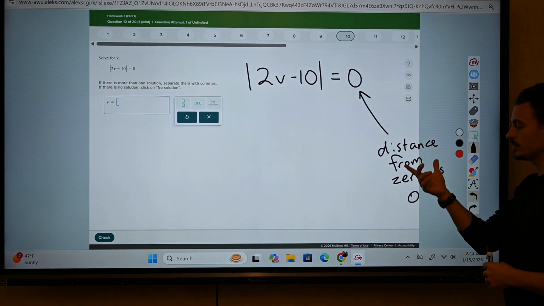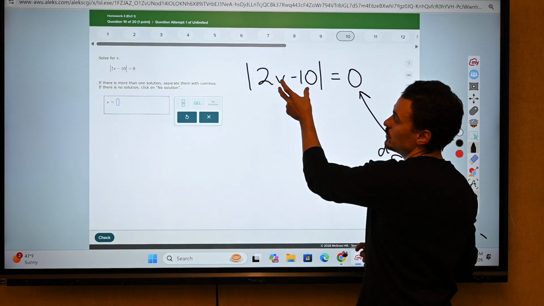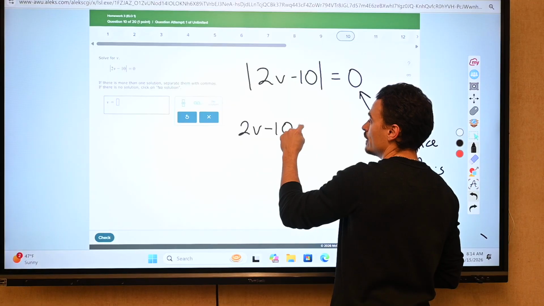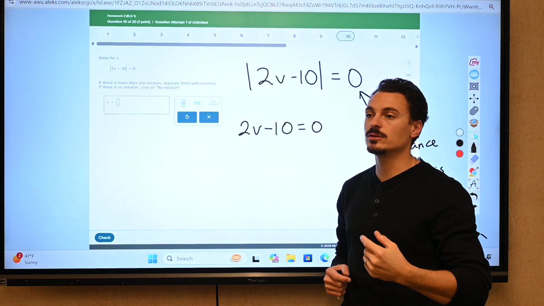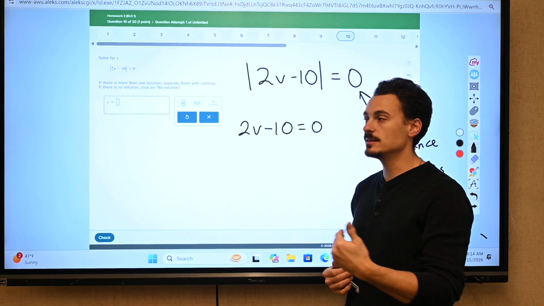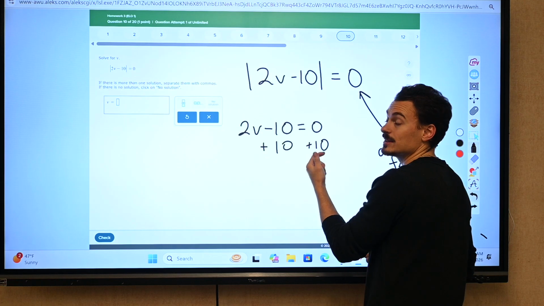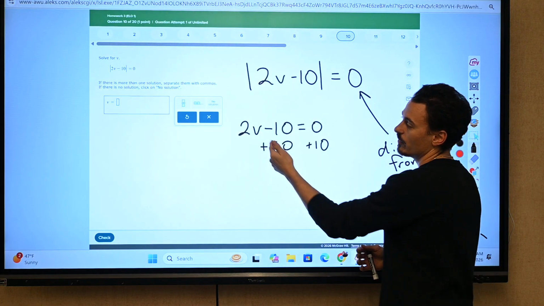Our distance from 0 is 0 for this question, which means that I need 2v minus 10 to equal 0. There are not two answers for this one. There's only one answer because there's only such thing as 0. There's no such thing as negative 0. So then I'd add 10 on both sides. Your answer is not 0 on this one, because we're trying to solve for v.